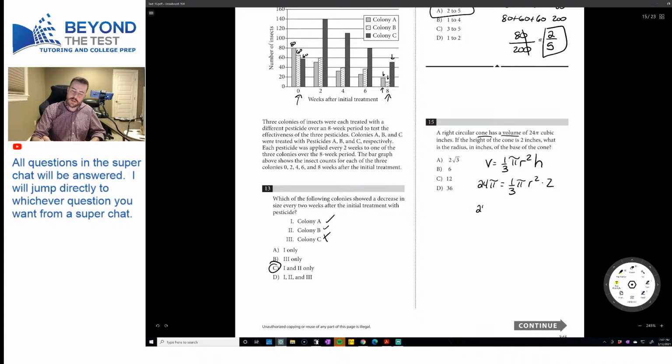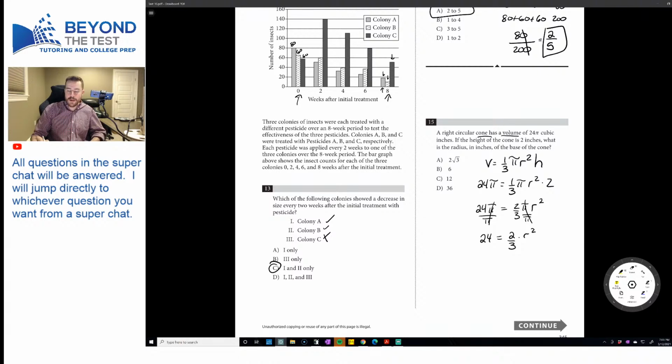So we get 24 pi is equal to 1/3 times 2, which is 2/3 pi r squared. Then we're going to go ahead and solve this. I can actually just divide both sides by pi right off the bat, so those both reduce down to 1. So we get 24 equals 2/3 times r squared.